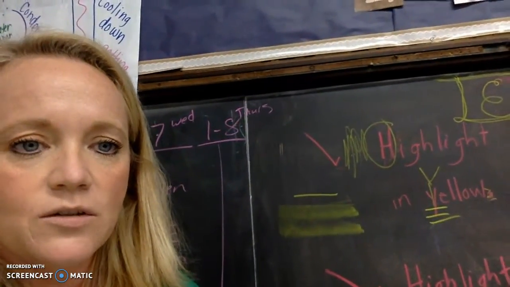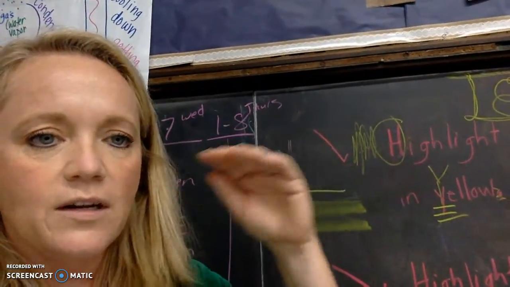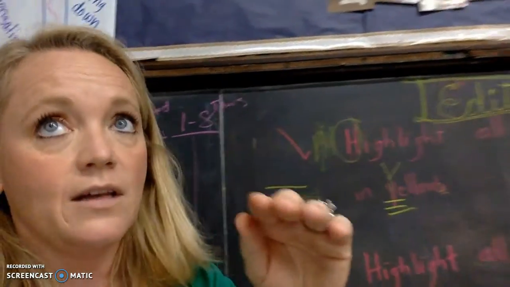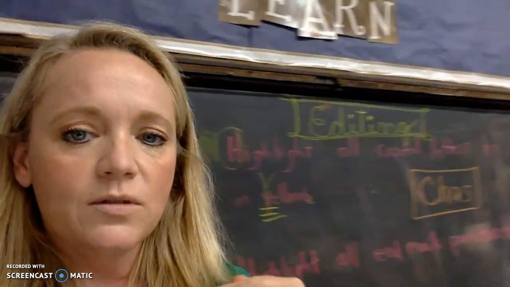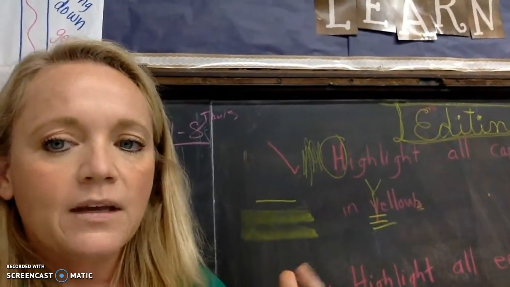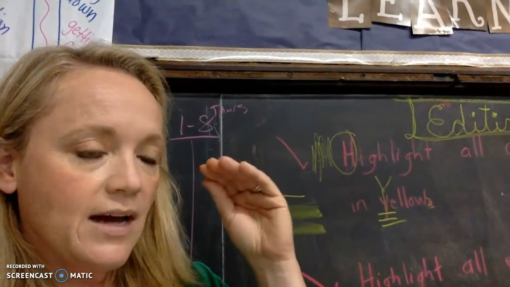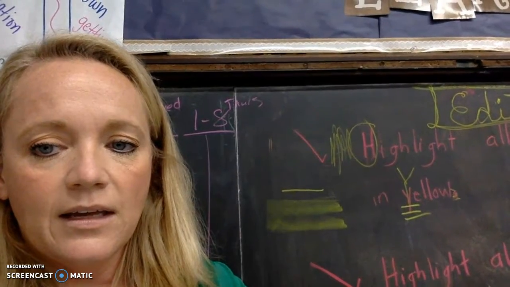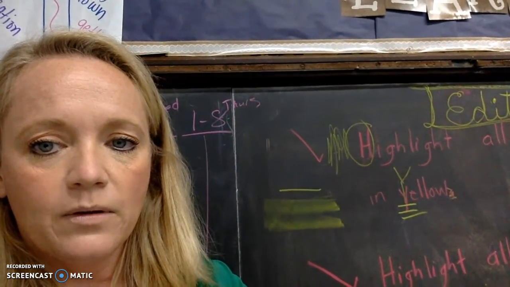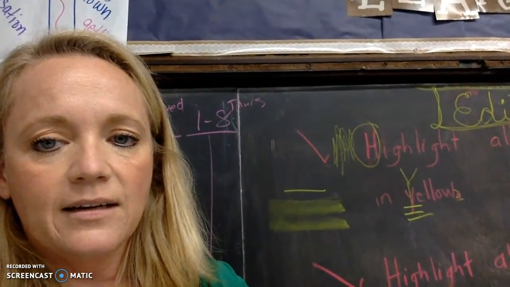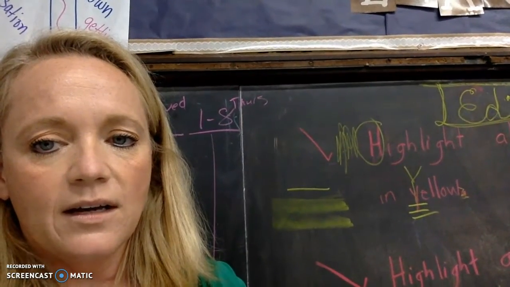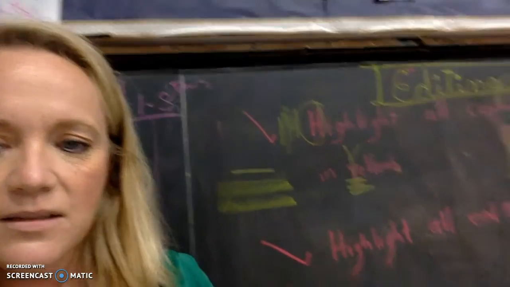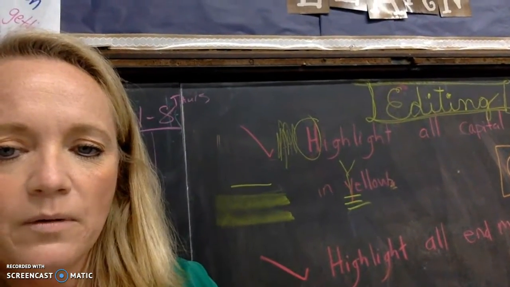The goal is to make it so your brain's not just reading across and saying, yep, good, yep, good, because your brain gets used to reading left to right, top to bottom. It's just used to everything must be right. When you're editing, you want to make your brain stop and think. So you start here at the end and you work your way up. So here I highlighted the H was capitalized, and then we just pretended like yellow needed to be capitalized.